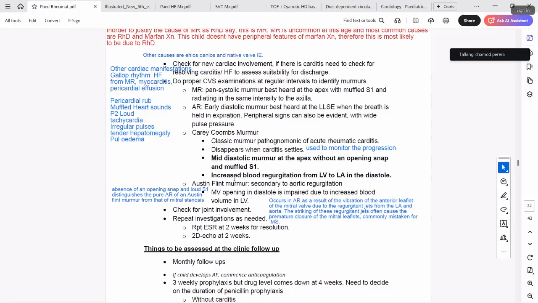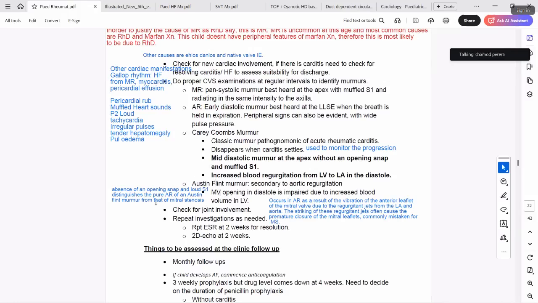Other murmur is the Austin-Flint murmur. So if they ask for 3 murmurs, you better write mitral regurgitation, aortic regurgitation, and Carey-Coombs murmur. If they ask for 4, you can include the Austin-Flint murmur. The Austin-Flint murmur occurs because of severe aortic regurgitation, because of which the mitral valve opening is also impaired, because there is increased blood volume in the left ventricle, right?